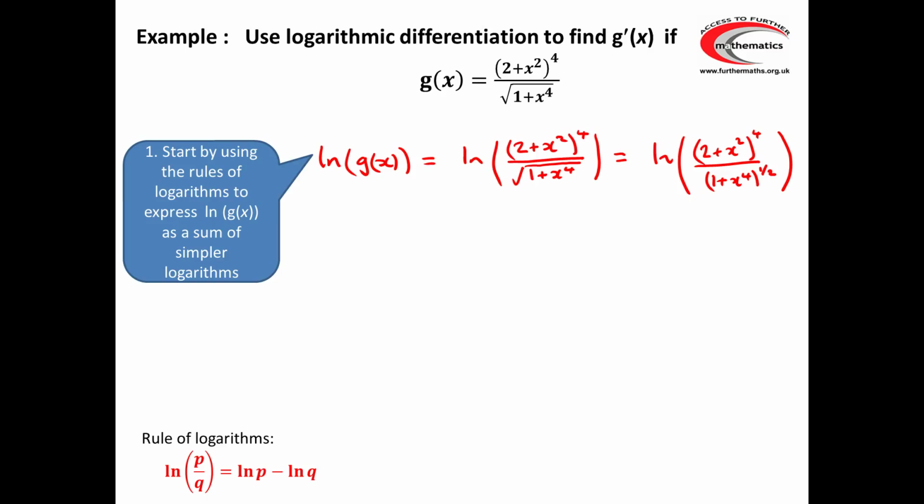So we can replace the logarithm of (2 plus x squared) to the power 4 divided by (1 plus x to the 4) to the half by the logarithm of (2 plus x squared) to the power 4, take away the logarithm of (1 plus x to the 4) to the power of half.